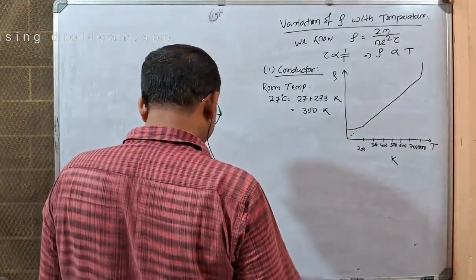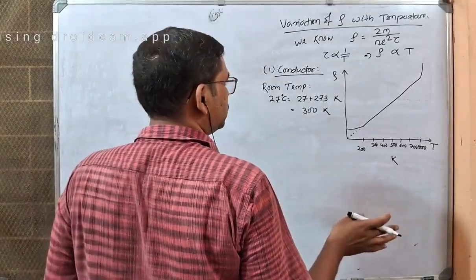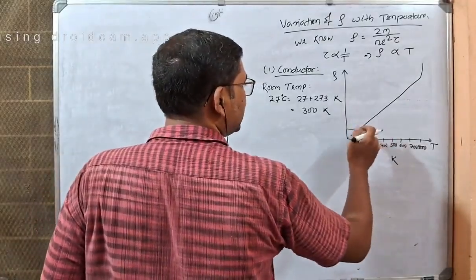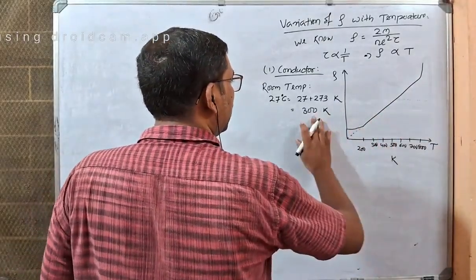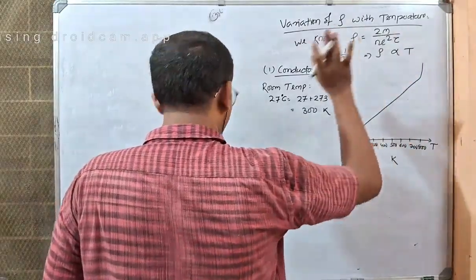For all conductors, this happens in mostly all conductors. Maybe this point varies a little bit, but around room temperature, it has already achieved this straight line behavior.